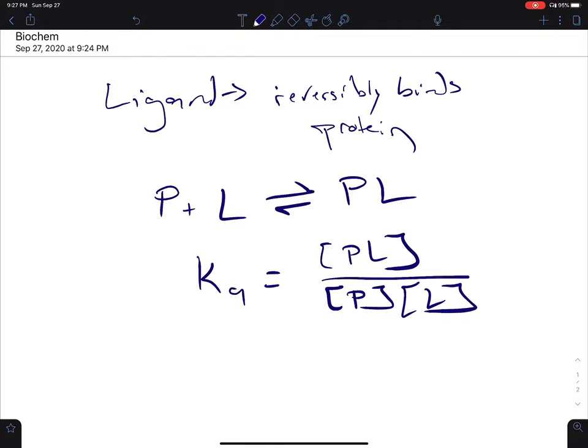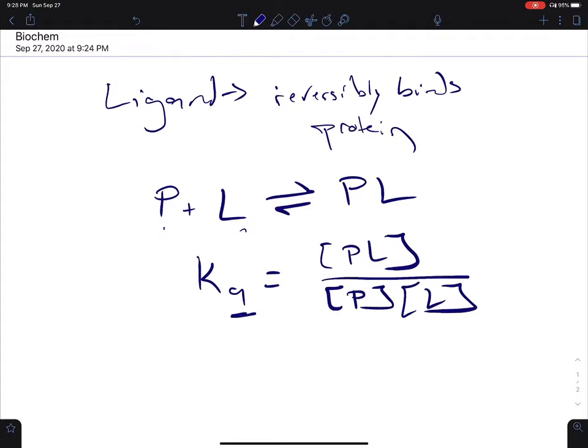And the A stands for association. We've seen a Ka before that deals with the acid dissociation constant, which is just some ridiculousness that we do in biochemistry that I really don't understand. And so here the Ka is for the association, right? So we're going from disassociated to associated.